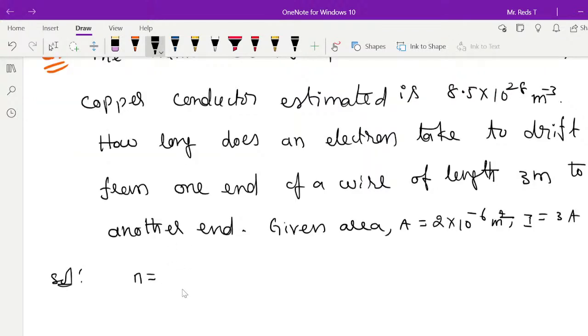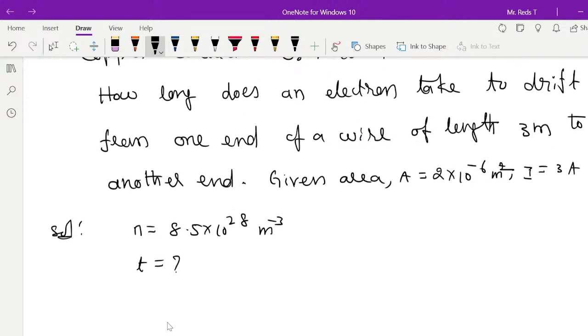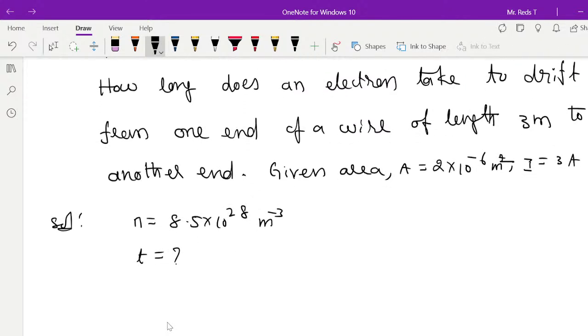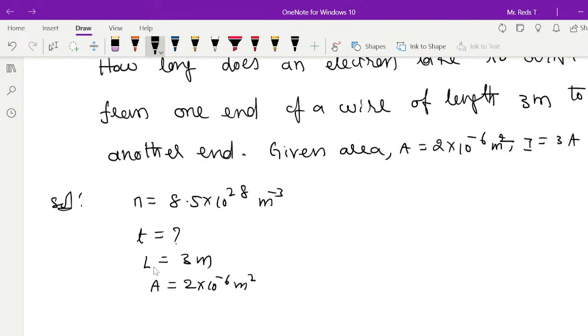Here I have to take n as 8.5 into 10 to the power 28 per meter cube. The unit should be per meter cube. And how long does it take to travel from one end to another end? That means what is the time taken for these electrons to travel from one end to another end?